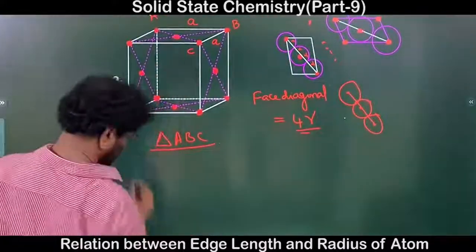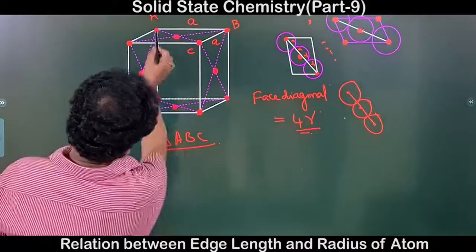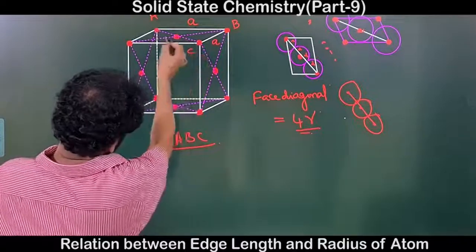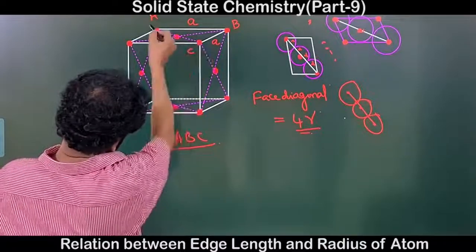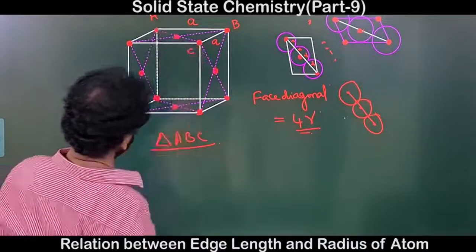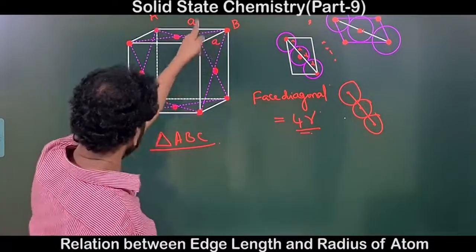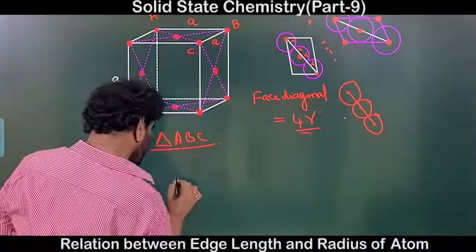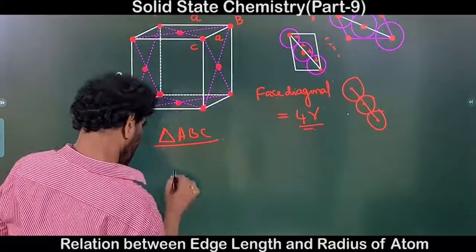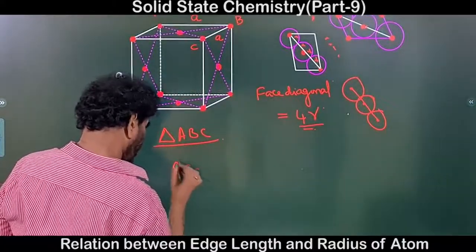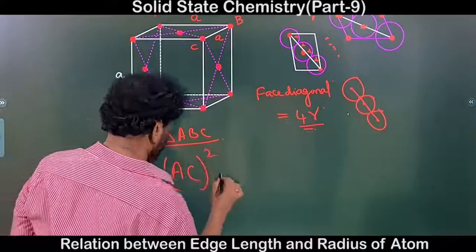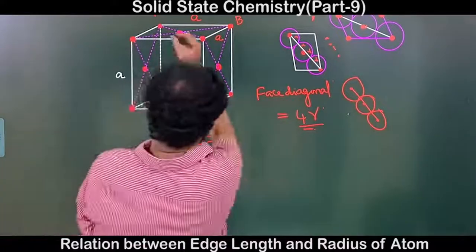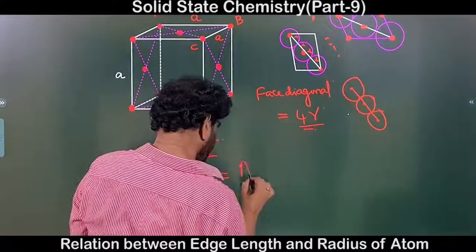I can draw it like this. I have to find out this distance. The distance is the hypotenuse. According to the Pythagoras theorem, in this geometrical diagram, AC square is equal to AB square.